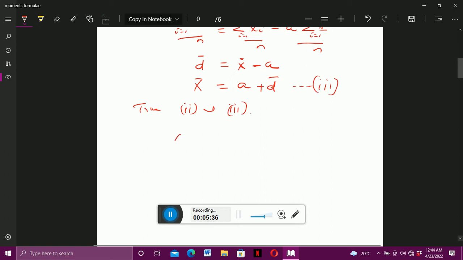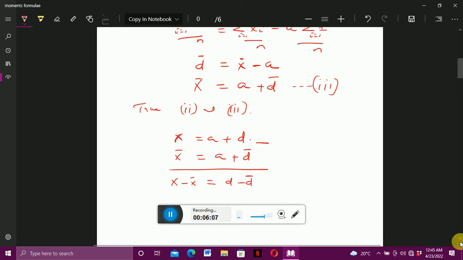We have x is equal to a plus d, and we have x bar is equal to a plus d bar. We can now solve them simultaneously. We subtract. We are going to get x minus x bar is equal to d minus d bar.